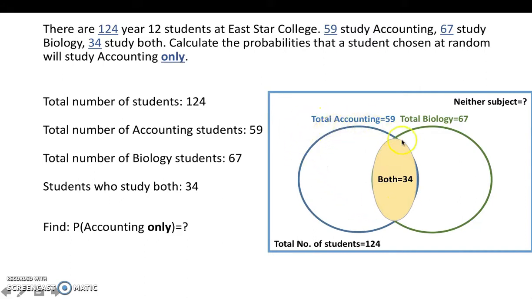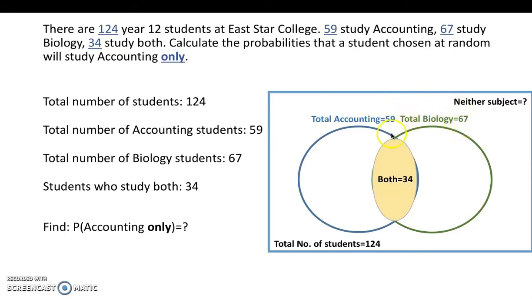The blue circle on the left-hand side represents the total number of students who study accounting, which is 59. 59 can also be recognized as the area of this blue circle. On the right-hand side, again, is the total number of students who study biology, which is 67. 67 can be recognized as the area of this circle.